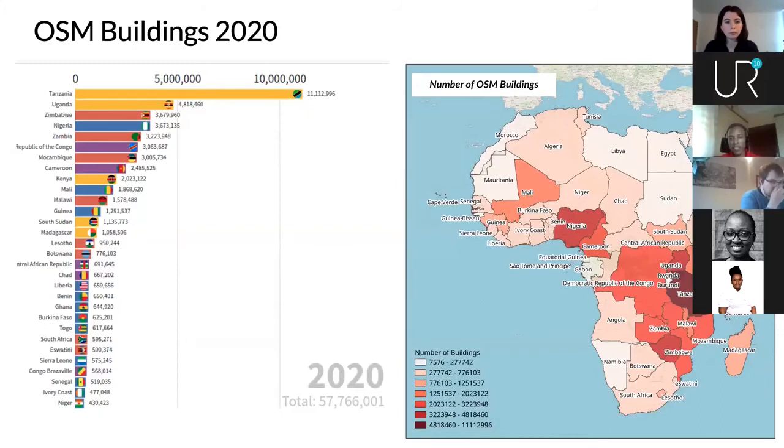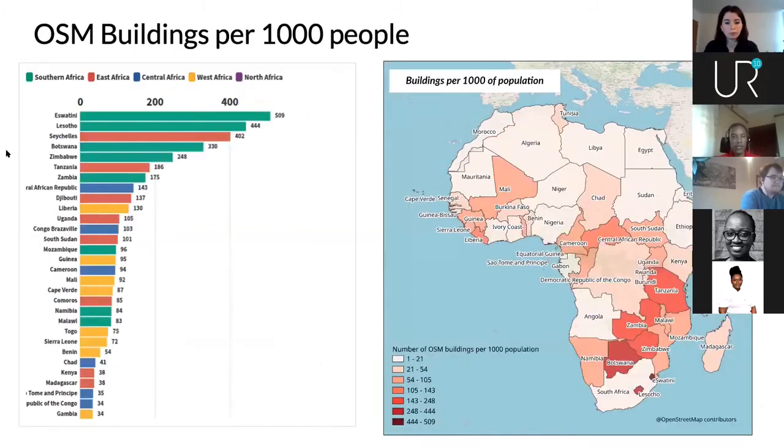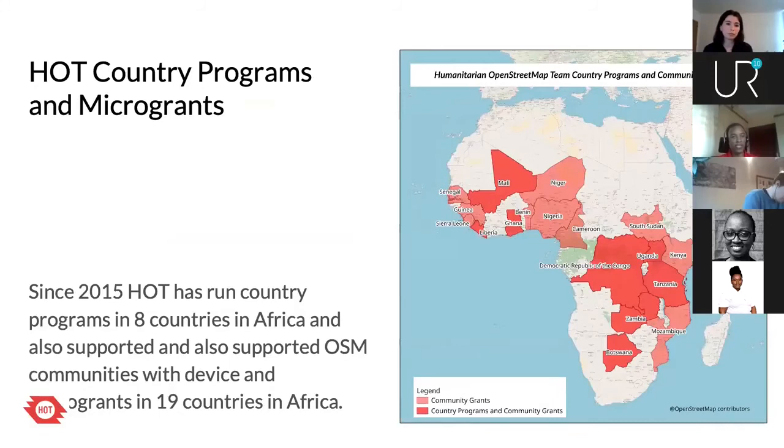On the next slide, we also looked at the ratio of the population of each country in relation to the number of mapped buildings. We tried to determine the most mapped country, which put Eswatini, Lesotho, and Seychelles on top.